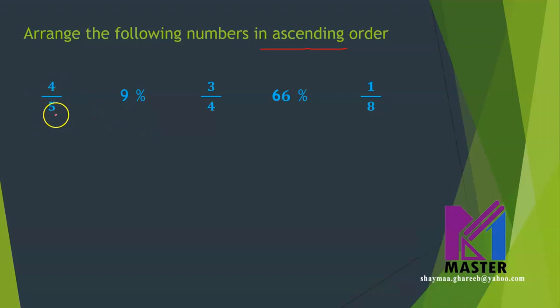So 4 over 5, do you remember we said the 1/5 is 20%, then the 4/5 will be 80%. If you don't remember, you can change it. The 5 should be 100 by multiplying by 20 up and down. So you will get at the end the 80%. So I have 80% and 9%. What about the 3/4?